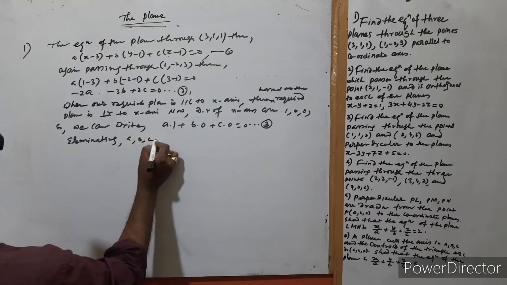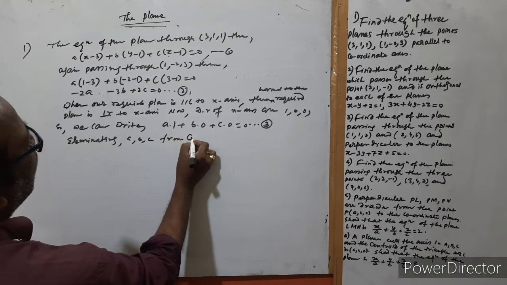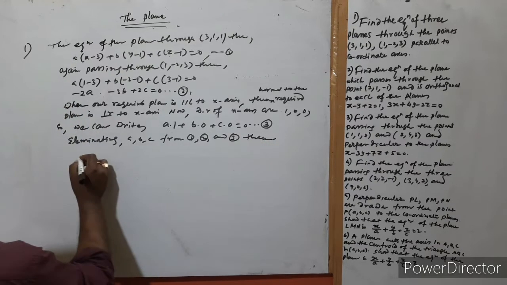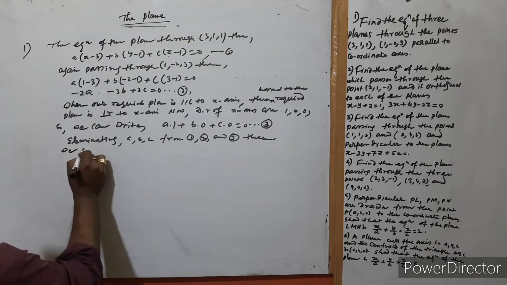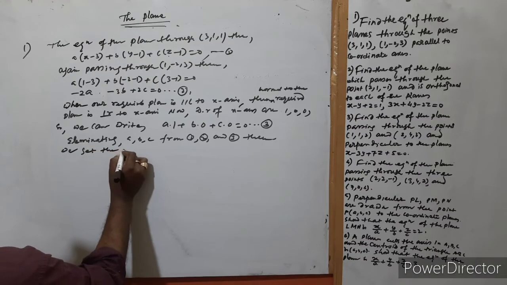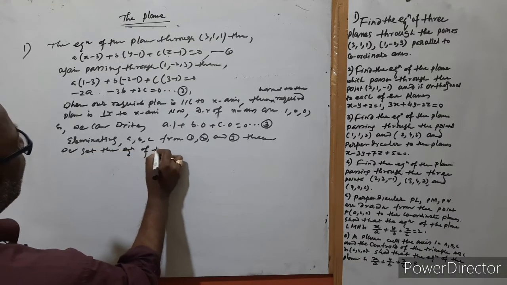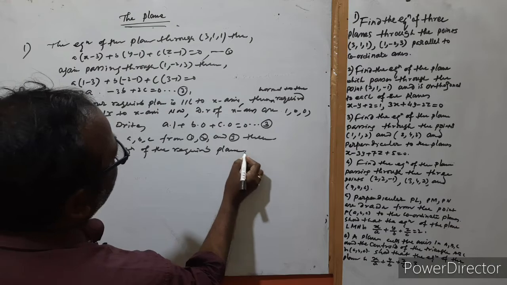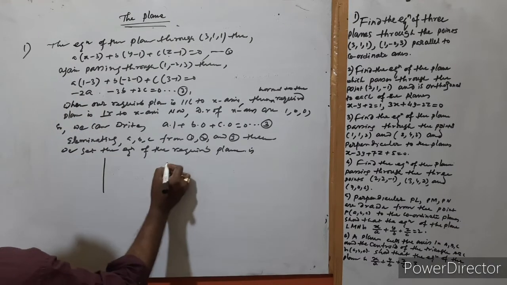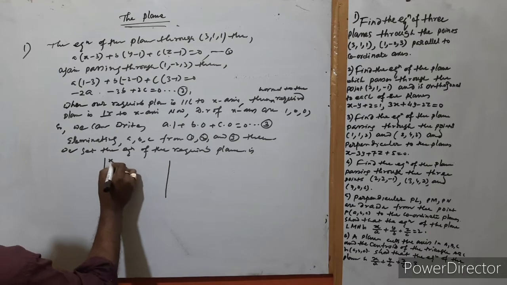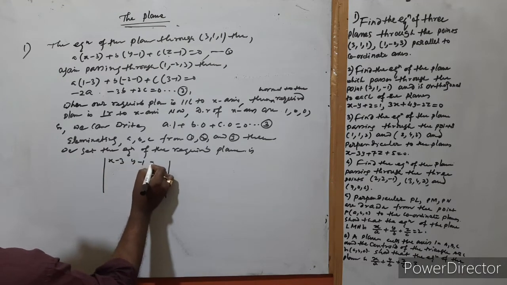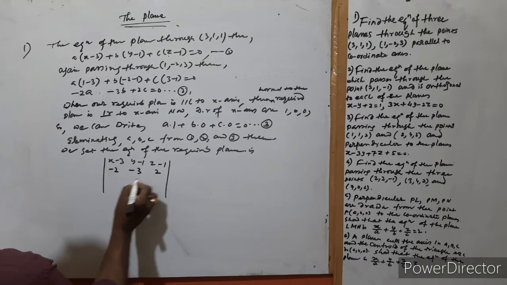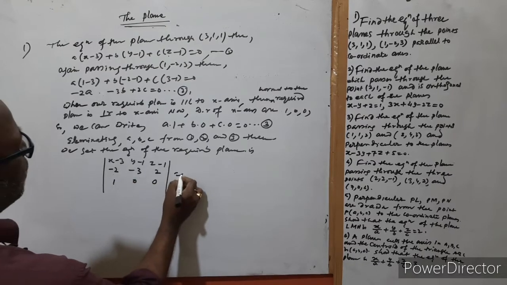Eliminating a, b, c from 1, 2 and 3, we get the equation of the required plane: the determinant with rows x minus 3, y minus 1, z minus 1; minus 2, minus 3, 2; and 1, 0, 0 equal to 0.